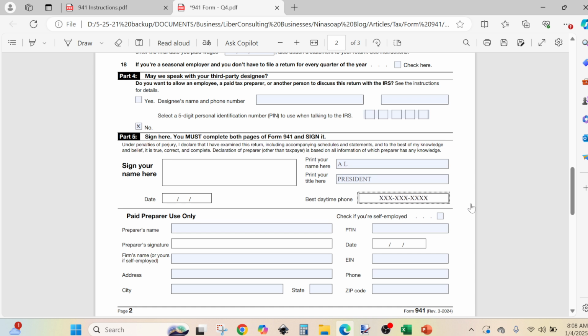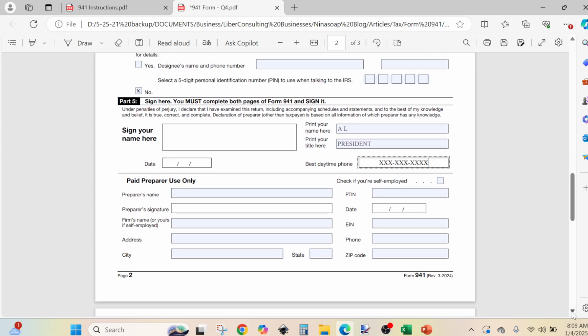You will enter that phone number. Because you are filing for your own business, you leave the paid preparer use only section alone, and you are done completing the form.